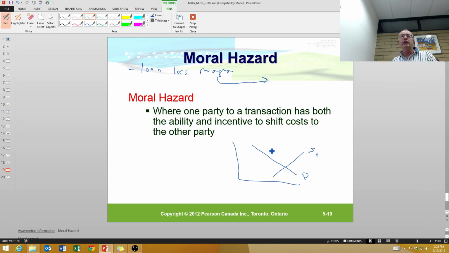But anyways, the marginal cost to society from these losses from these loans get transferred to society rather than getting borne by the individual lender. And so it increases the supply of loans in the market, resulting in a loss to society. So we have an overproduction of loans.